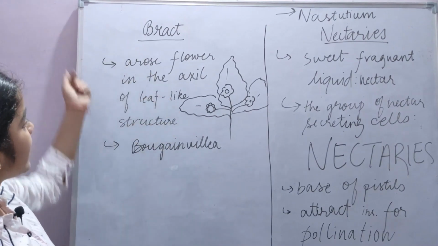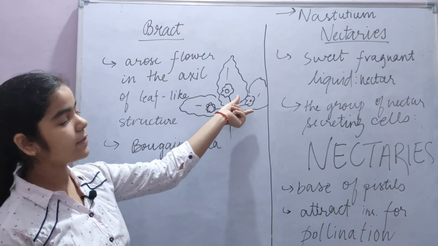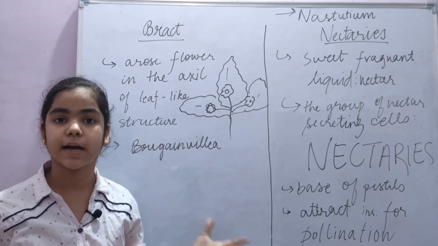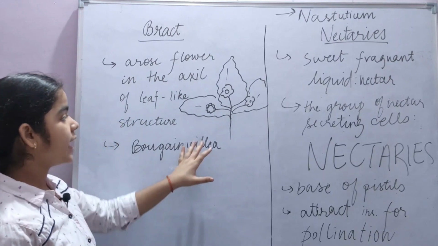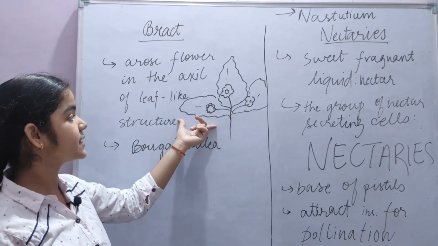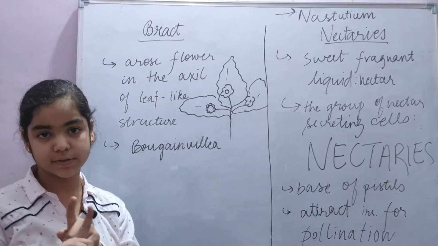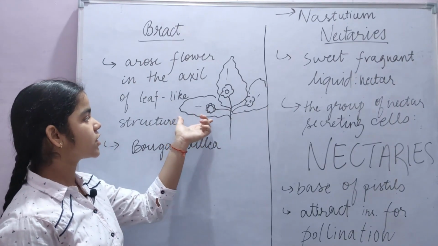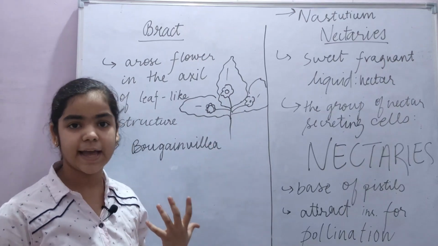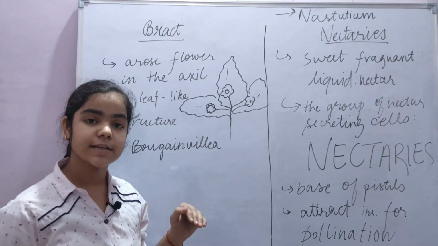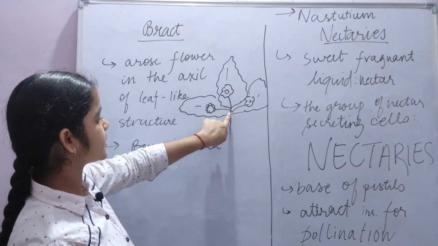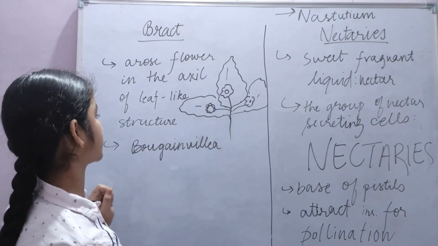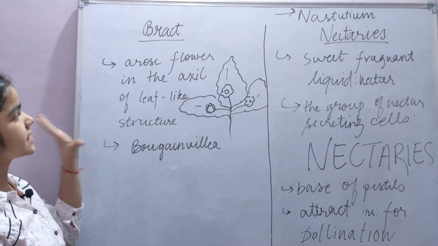Whenever any flower arises in the axil of a leaf-like structure, you may see that this leaf-like structure may be colorful, and you may call it the flower, but there is no such case. Like in bougainvillea, this structure seems to many people to be the flower, but the flower is actually inside this. It arises from the axil of this leaf-like structure. So this is a bract.